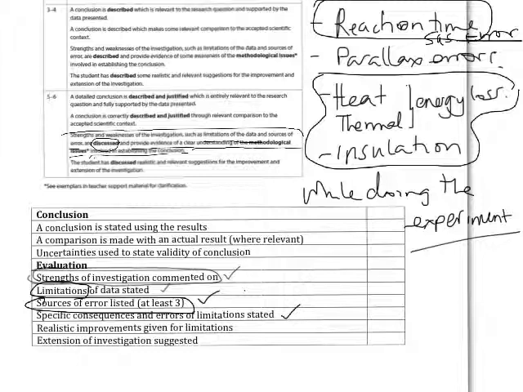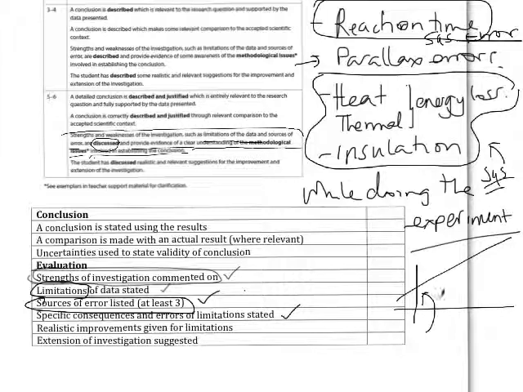The same with a parallax error if it's systematic. Insulation might cause a completely different value in your gradient, for example, or more likely, once again, a systematic error which will come across in your intercepts. So it's very important that you show that your limitations or sources of error have consequences on a graph and that you can explain why.